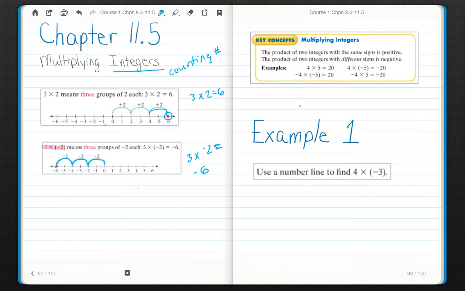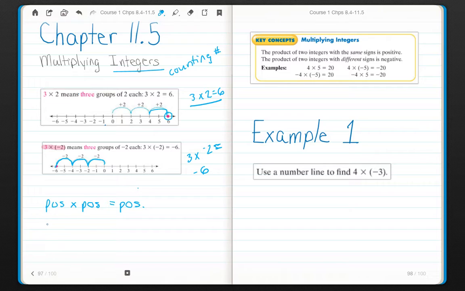So let's kind of talk about some rules here when I multiply integers. The product of 2 integers with the same sign is always positive. So a positive times a positive equals a positive. We saw that up here in this example.